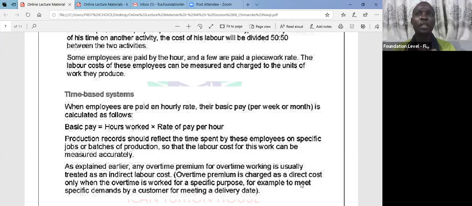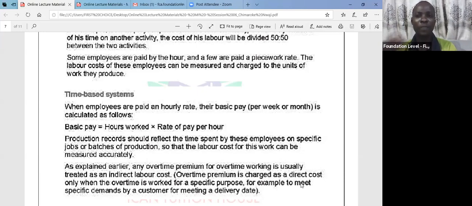When we were looking at overhead absorption rates, doing activity-based costing and absorption costing, we came across overhead absorption rates, and we said it is based on labor hours alone. This is an example. You look at the number of hours that each department or each person works, and you look at the rate of absorption.